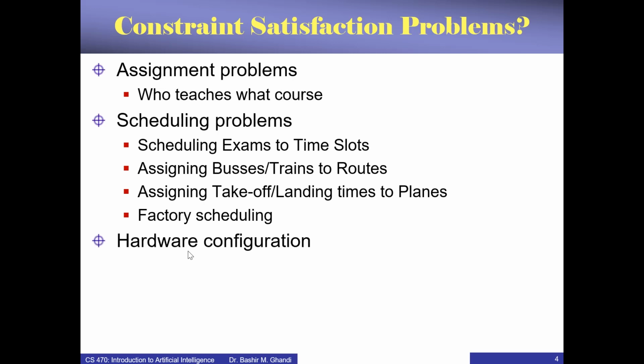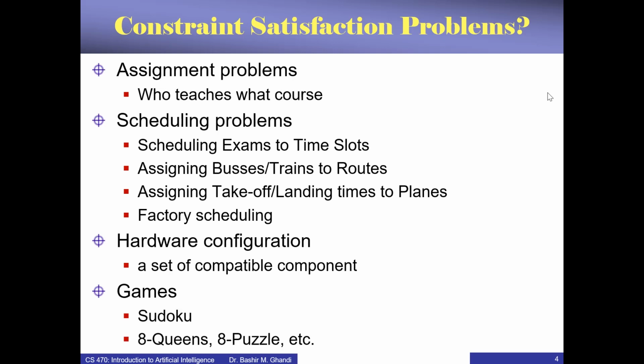So there are many application areas where constraint satisfaction problems come into play. Hardware configuration, for example, is another, and even games, some of which we have already discussed in normal standard searching, like Sudoku, 8 queens, 8 puzzle, and so on. They can also be considered as constraint satisfaction problems.